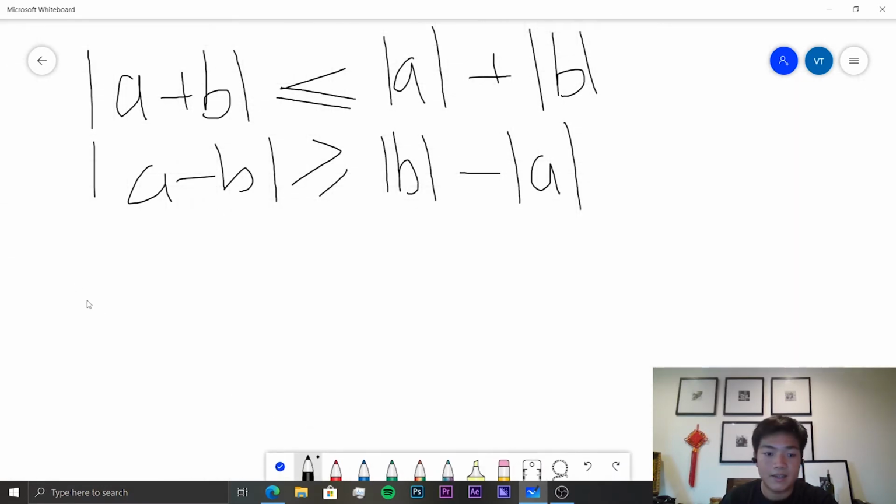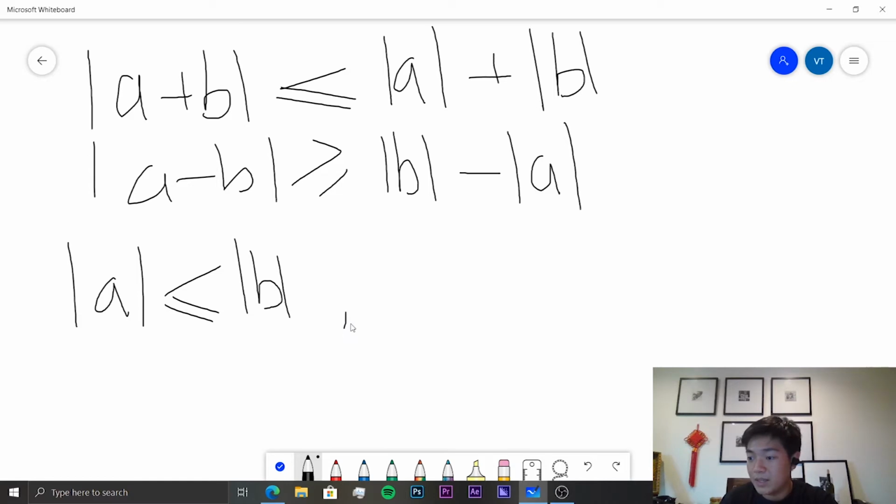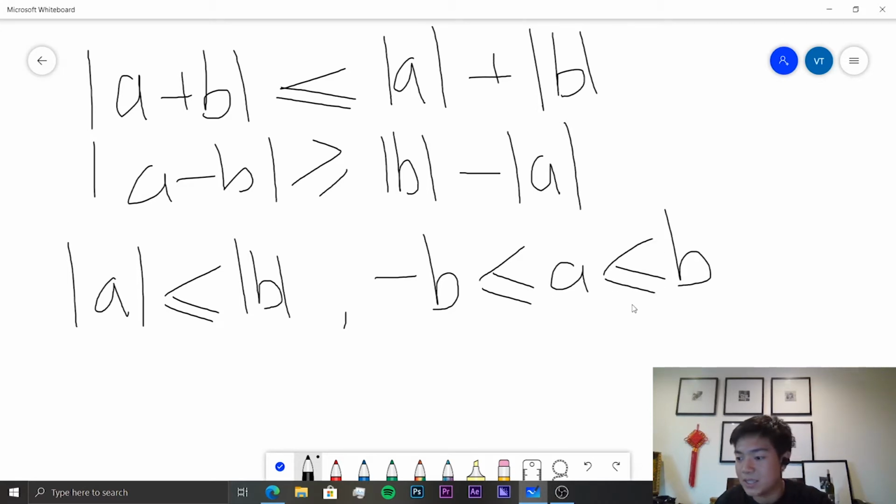And finally, if the absolute value of a number is less than or equal to another number, then the first number is in between the negative of the second number and the positive value of the second number. And if it's greater than, let me just cover this quick case.